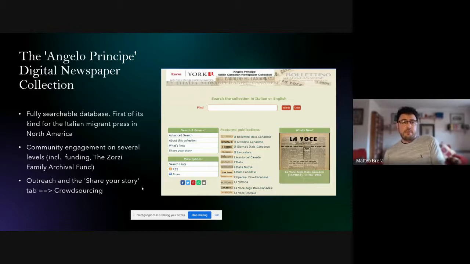Now, you're probably familiar with Chronicling America, which is a larger database of newspapers, including the ethnocultural periodicals published in the United States between 1836 and 1922. And as I said, Chronicling America also includes a bunch of Italian-American newspapers. Well, the Italian-Canadian press had been completely forgotten until a few years ago.